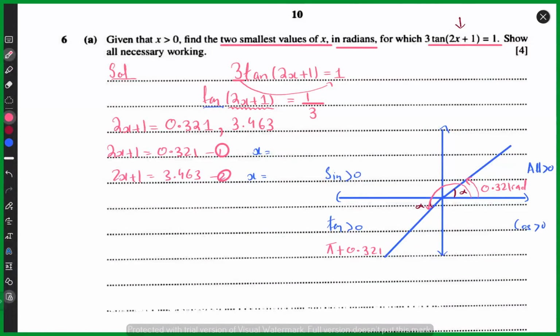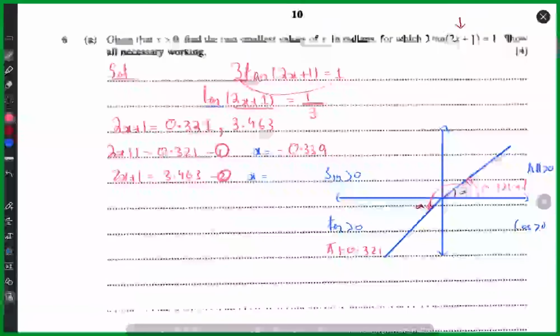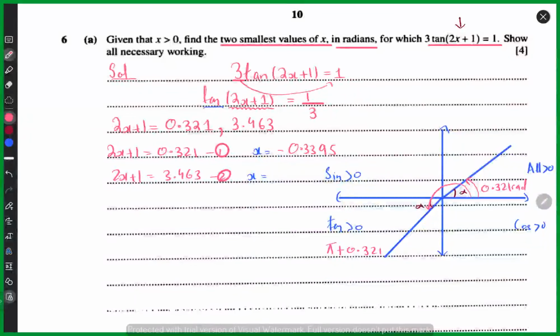Miss, the first one is negative 0.3395. Yes, okay, very good. It's negative 0.3395. And 1.213.